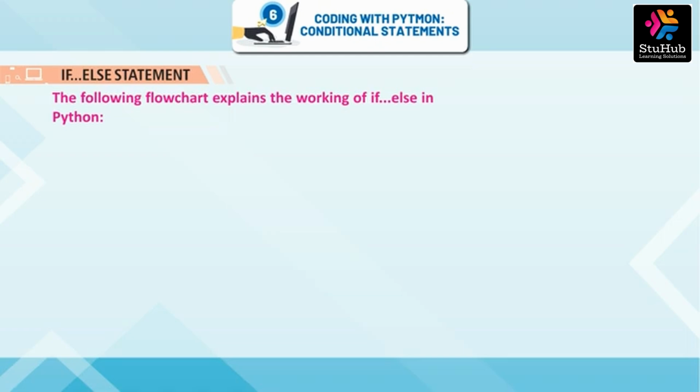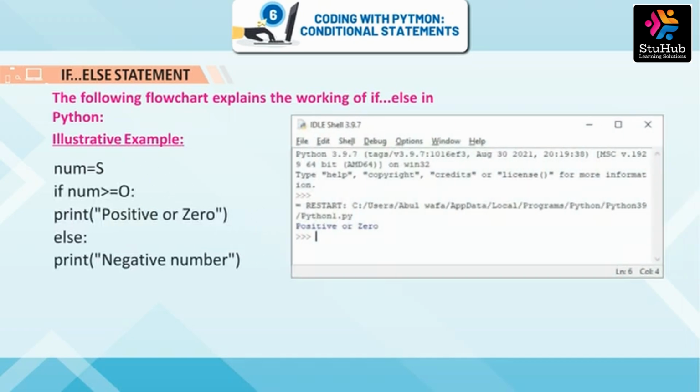The following flowchart explains the working of if-else in Python. Illustrative example: num = 5. If num >= 0: print("Positive or 0"), else: print("Negative number").